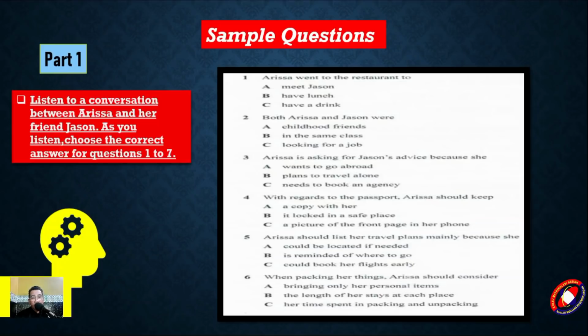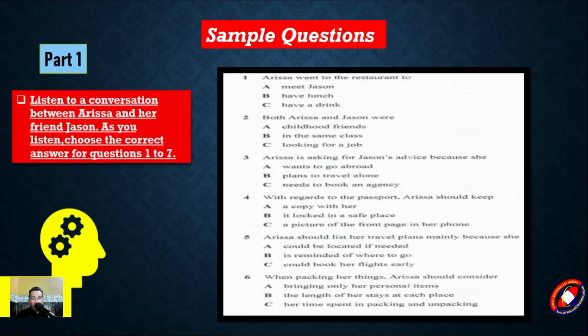These are the 3 options given. A, meet Jason, have lunch, have a drink. Number 2, both Arisa and Jason were A, childhood friends, B, in the same class, C, looking for a job. Number 3, Arisa is asking for Jason's advice because she A, wants to go abroad, B, plans to travel alone, and C, needs to book an agency.